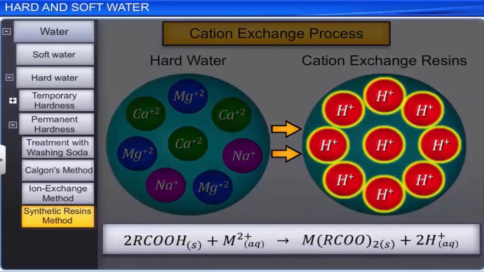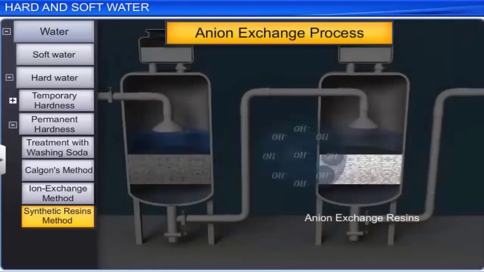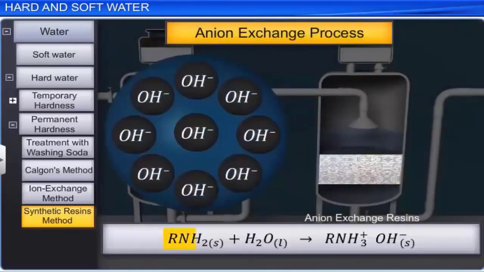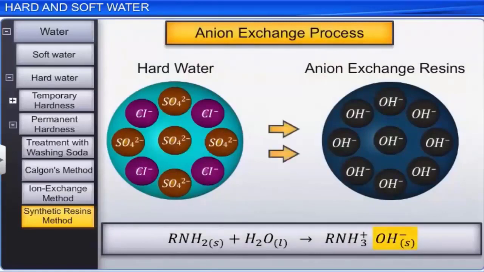In the anion exchange process, RNH2 in water gives RNH3+ OH-. The OH- ion in RNH3+ OH- gets exchanged with chloride, bicarbonate and sulfate anions present in the water.